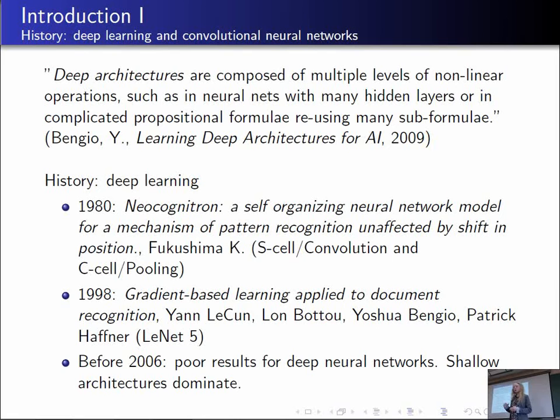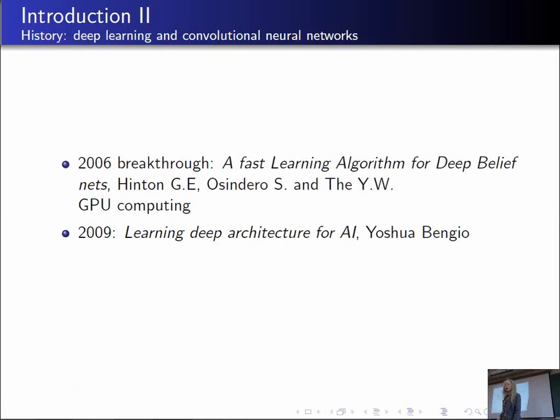But after 2006, some new papers appeared in order to run that kind of model, like GPU computing, with the paper presented there, and in 2009, a new paper from Bengio introducing a new technique for deep architecture.